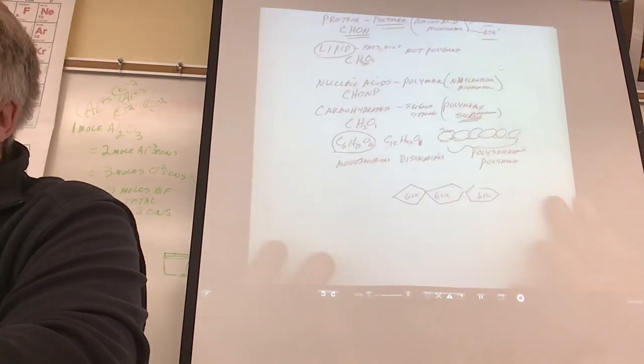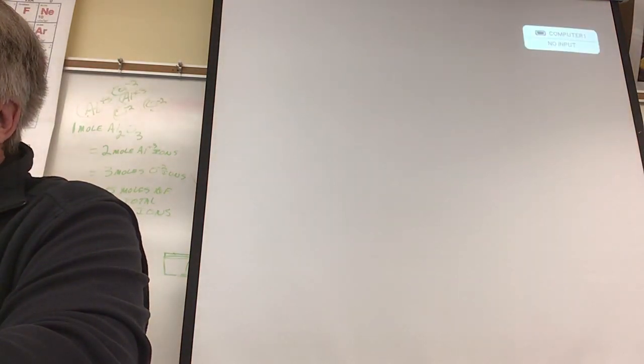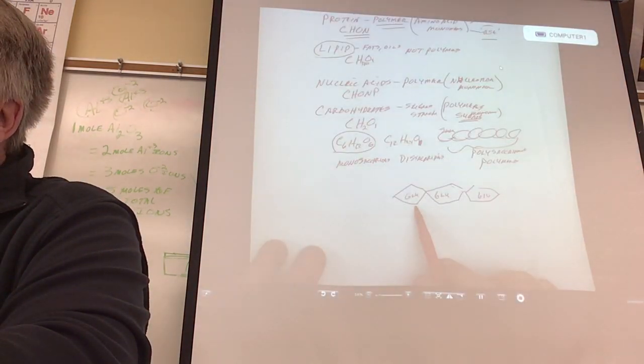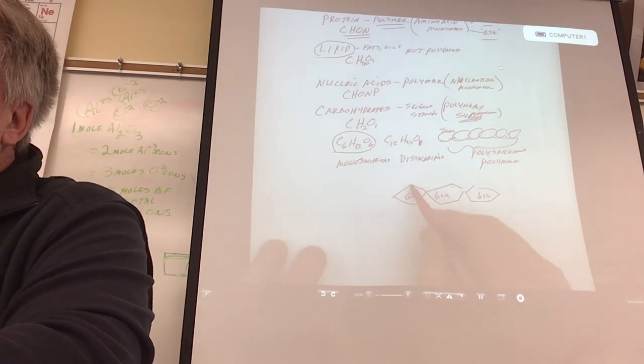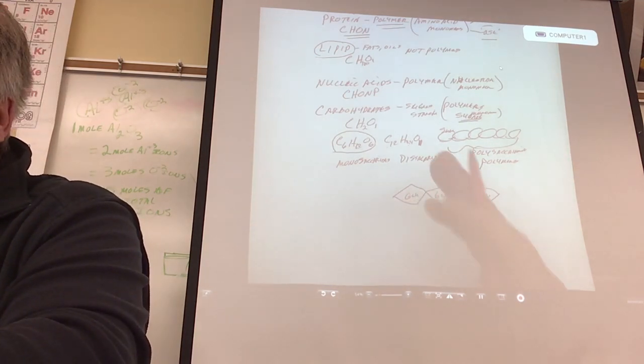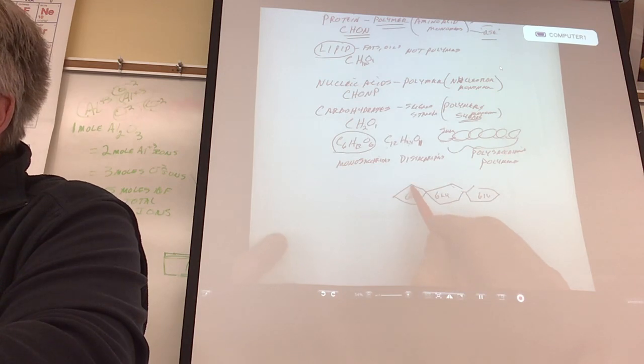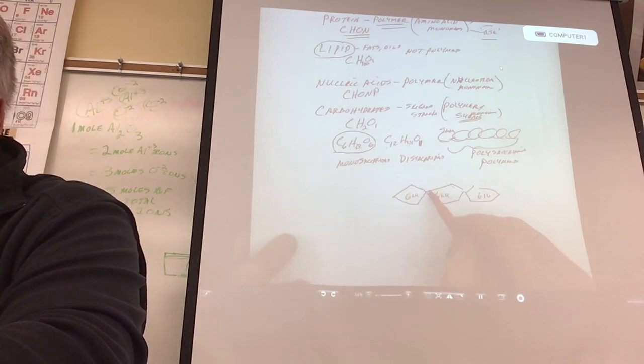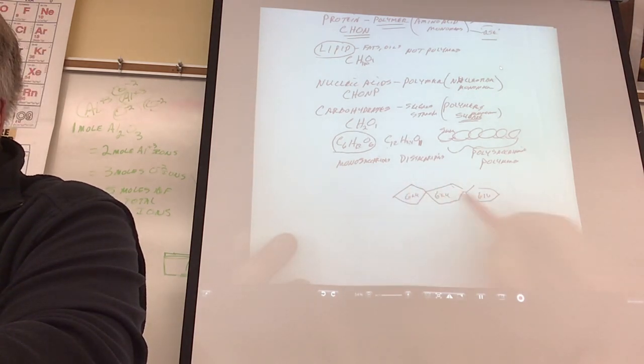I had no idea what they were talking about. Does anybody know what this is? Glucose. And so what they did is they drew the stick structure. I didn't know what a stick structure was. They would draw the stick structure of glucose and attach it to another one, and it was a polymer.